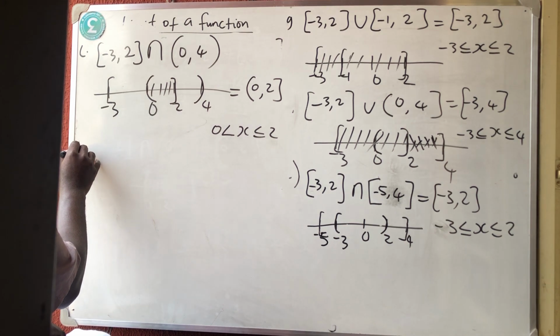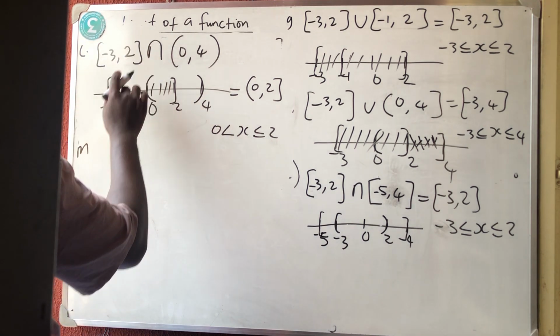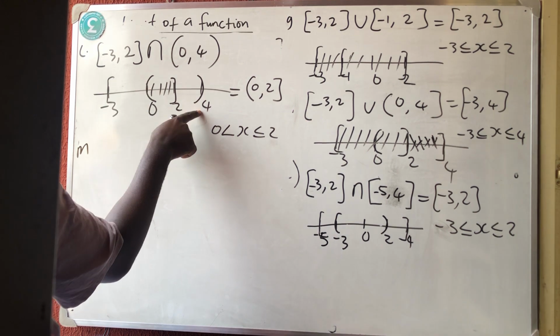So IJKLM. For M, what do you think about their union? If you want to get their union, it should be starting from here and ending here.